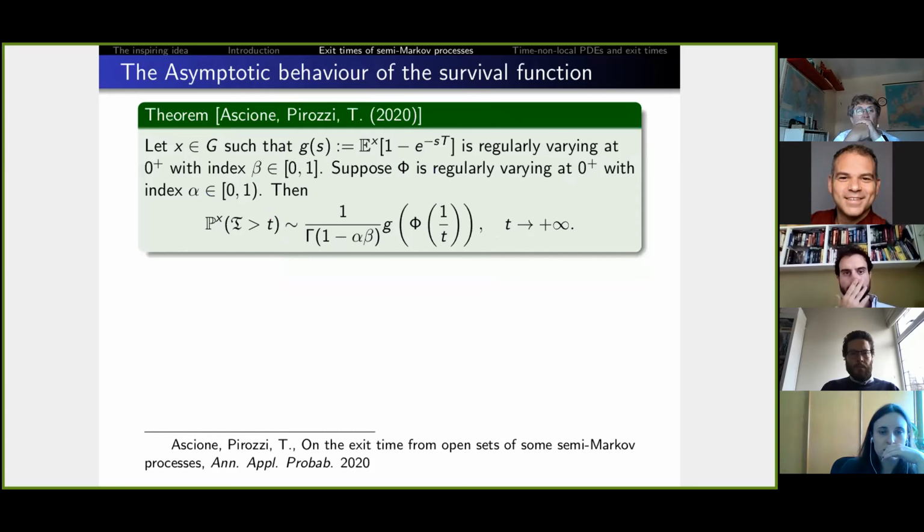And what we did concerning this process is to give an approximation. So we estimated the distribution of the first passage time to a constant barrier.